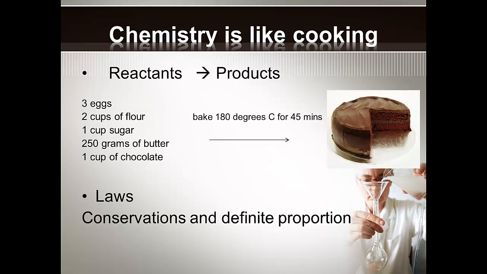This can be very confusing in chemistry, where you're wondering, why are we combining so many different things to only make 1 or 2 things on the right-hand side? Well, it's just a bit like cooking, where you might be making a cake out of all of these different ingredients. So the laws of conservation still apply in definite proportion.